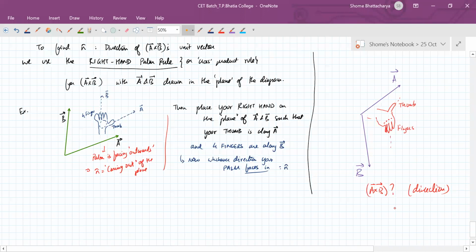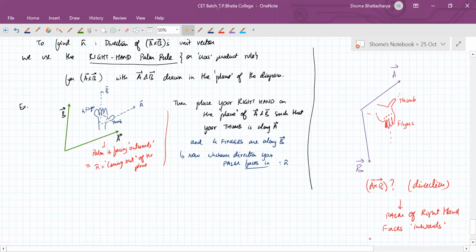So in this example, you can see that the palm of the right hand faces inwards. Okay. So that means what is the direction of n cap? It is going into the plane.